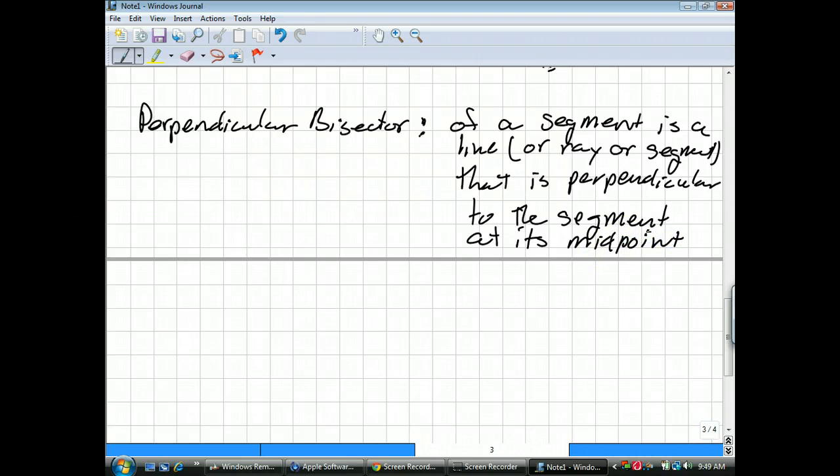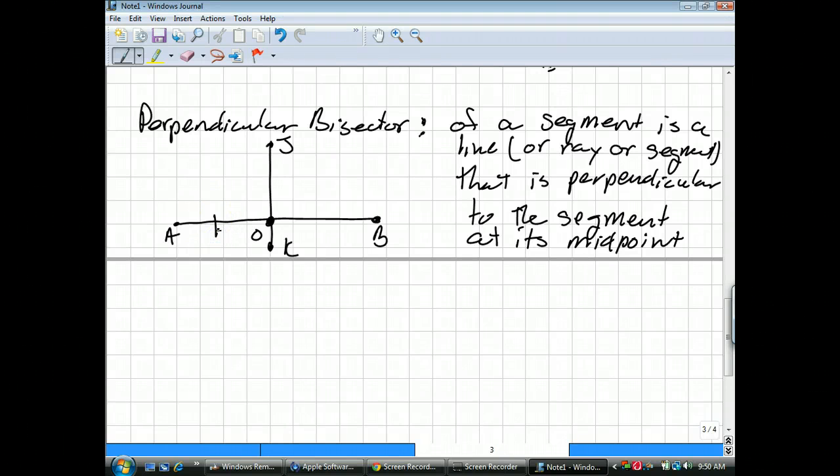Okay. So if I have segment AB and I have segment JK, that is the perpendicular bisector, then I know this point of intersection O is a midpoint. That's the idea of bisector.